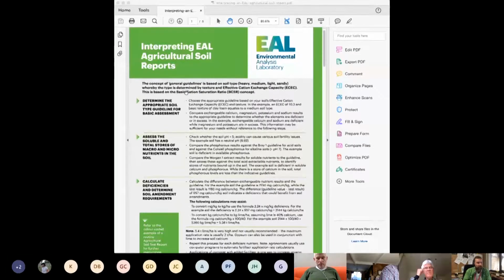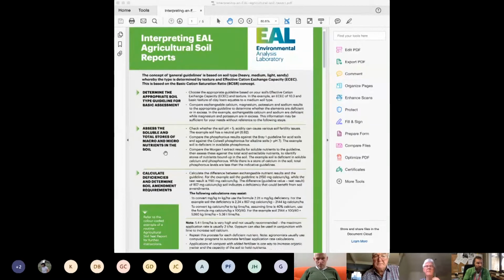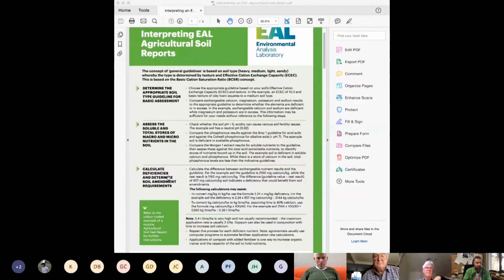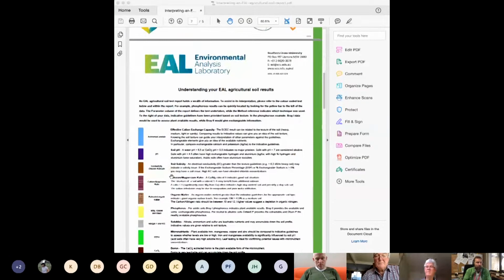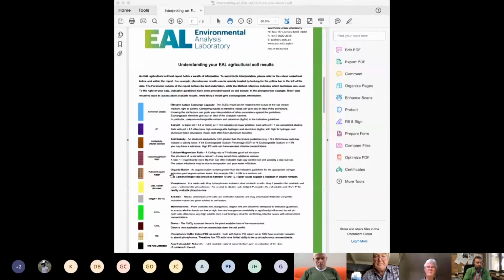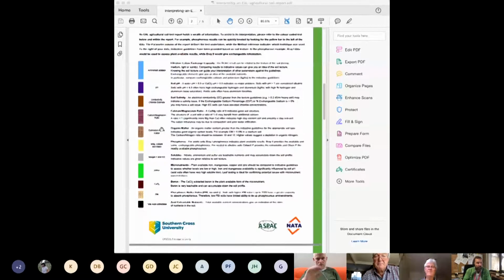All right, so I'll just share with one screen first. So basically, I'll flick through that. That's what I'll email around. It's just got some basic guideline steps here, 3 steps: picking the guideline, looking at soluble totals, macro, micronutrients, and then a little bit on the calculations to work out the differences. In that, I've got an agricultural understanding the soil results, some notes there, color-coded back to the report.